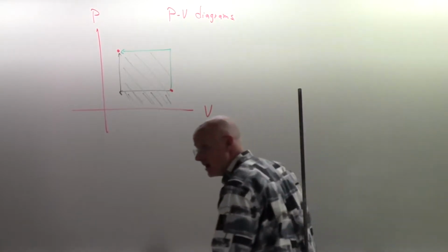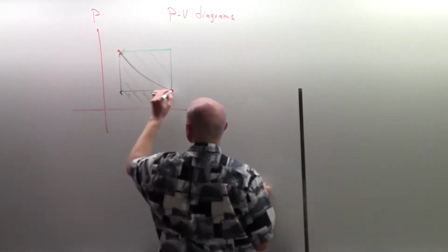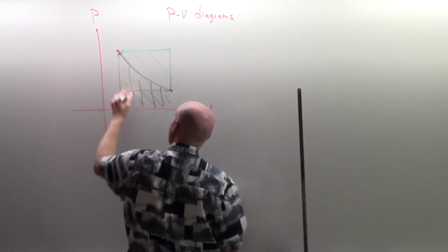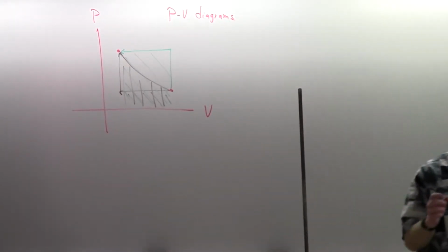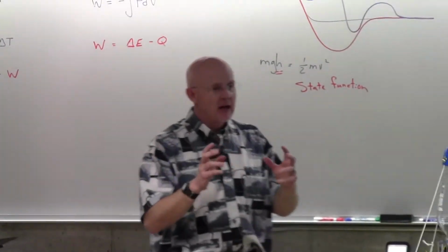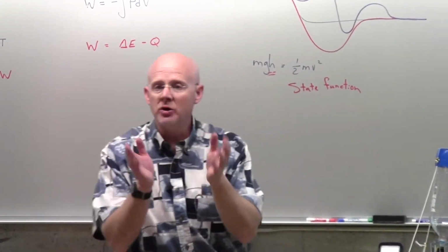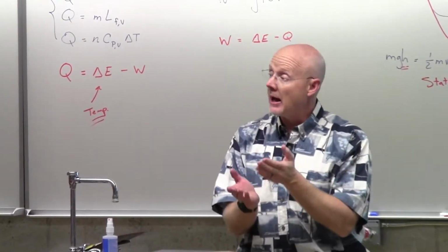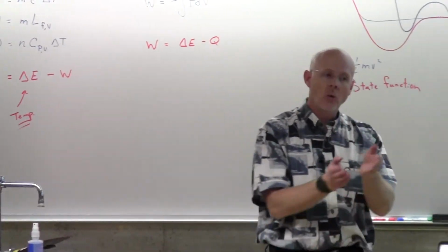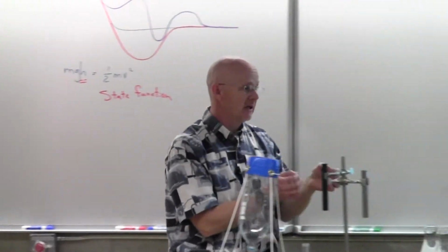And a third process could be this, which the amount of work would be there. And I think you're seeing my point here, is that I gotta pay close attention to how I get to the final state. To figure out how much work is done, watch the process of getting there.